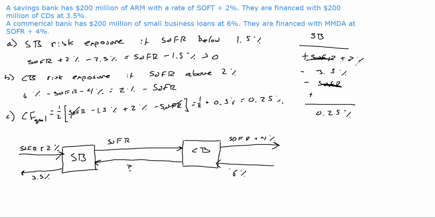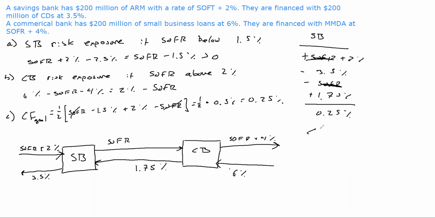We're left with 2 minus 3.5, which would be negative 1.5%. So negative 1.5% plus some number is going to be 0.25%. So this should be 1.75%. That's going to go right here. So the commercial bank is paying the savings bank 1.75%.